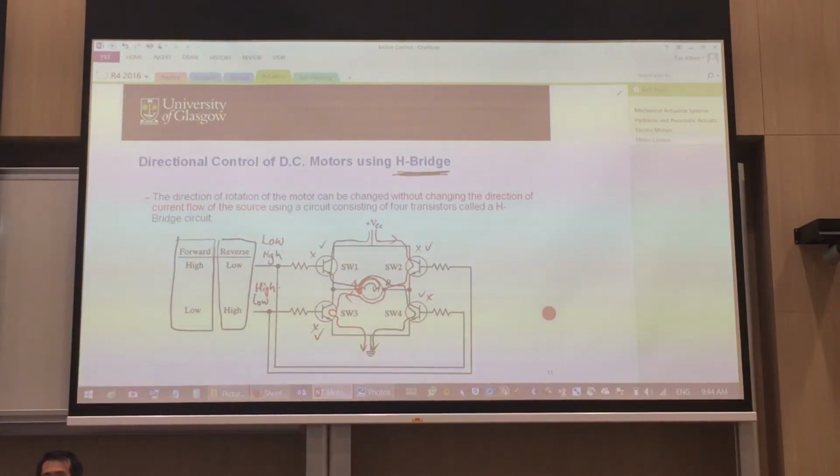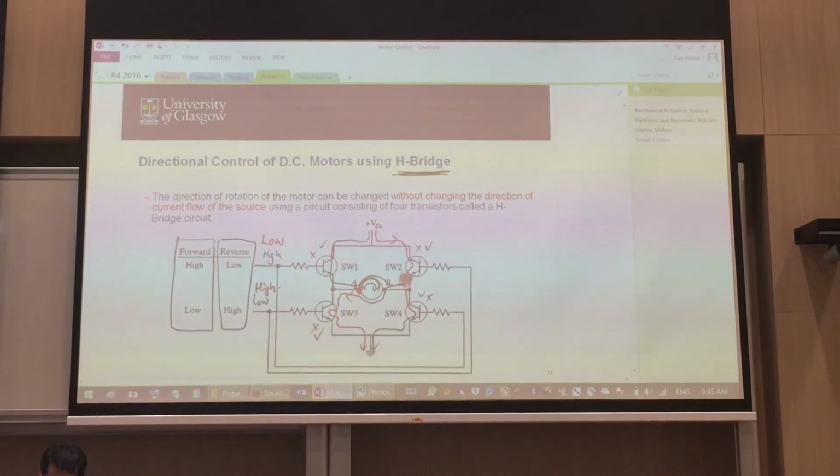Then you can send a PWM signal. If you want it to reverse, you can design this H-bridge so that it could flow back. Actually, your Lego toy already has this forward and reverse function.